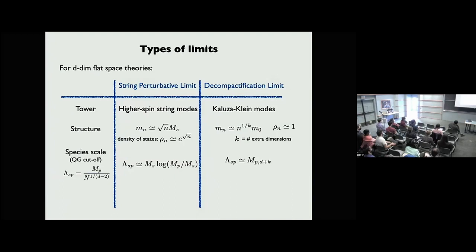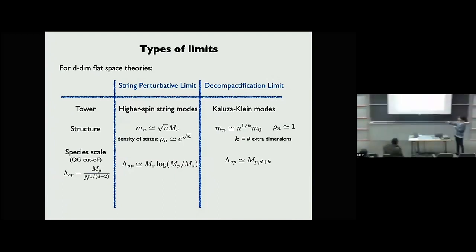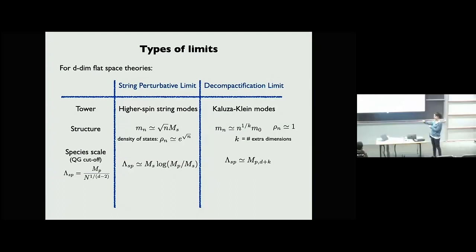So if g string goes to 0, the point is that this cutoff goes to 0, right? This is the cutoff of the effective field theory description, while string perturbation theory still works. Exactly. So the effective field theory description breaks down, then you have string theory weakly coupled to gravity, and that's fine. Weakly coupled string theory still works. Yeah, that's what I said. So the resolution here is that you get higher spin fields, so it's not a QFT anymore. Okay, fine.